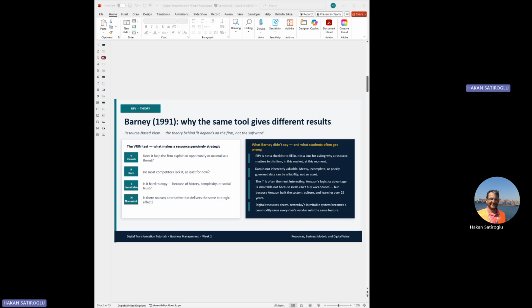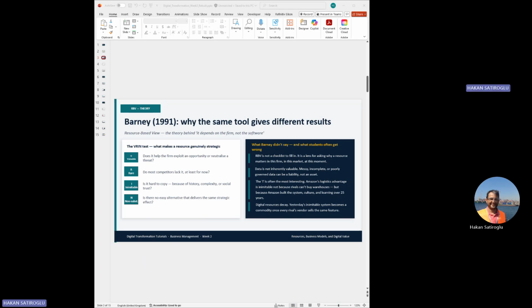Is it hard to imitate? The next question: not just because it is expensive, but because it is embedded in the firm's history, culture, or way of working. Is it difficult to imitate?